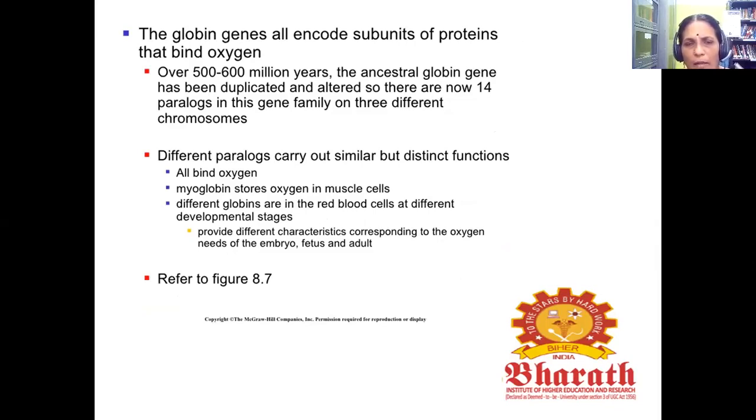The different paralogs carry out similar but distinct functions. All bind oxygen. Myoglobin stores oxygen in muscle cells. Different globins are in the red blood cells at different developmental stages, providing different characteristics corresponding to the oxygen needs of the embryo, fetus, and adult.